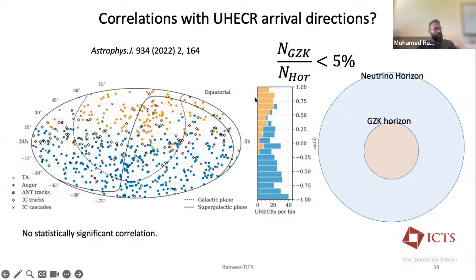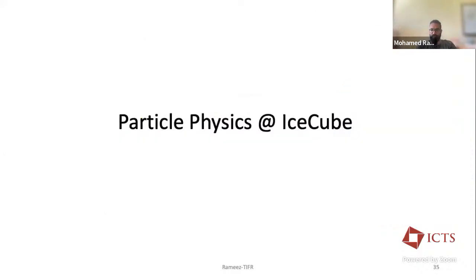So all the astrophysical neutrinos we see are from a much deeper universe than the ultra energy cosmic rays, which are from a much shallower universe. And the idea that the two could be correlated, maybe it is not to be expected, even though we are performing analyses looking for such correlations, because it would be surprising if such a correlation exists.